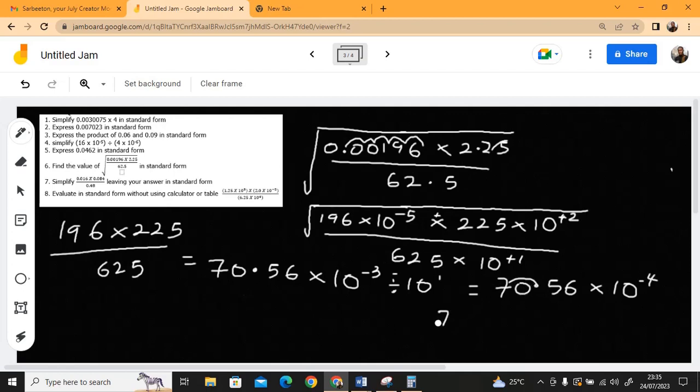So it will be 7.056 times 10 raised to power minus 4 plus 1, which is minus 3. So this is your final answer.